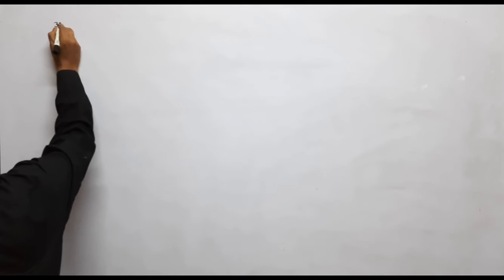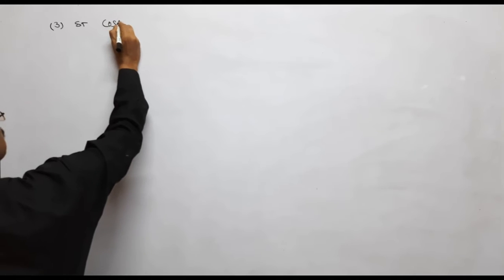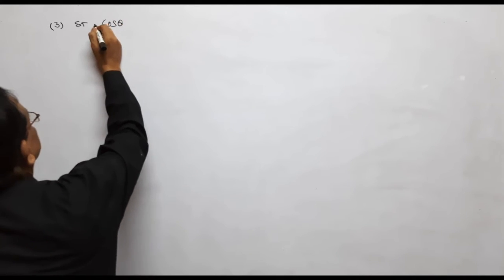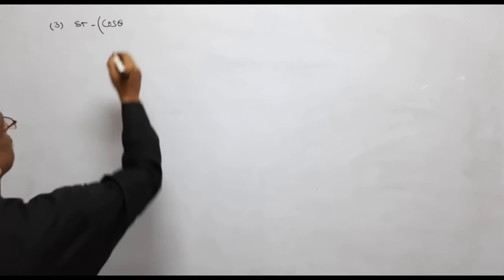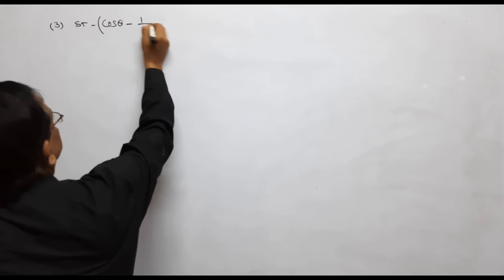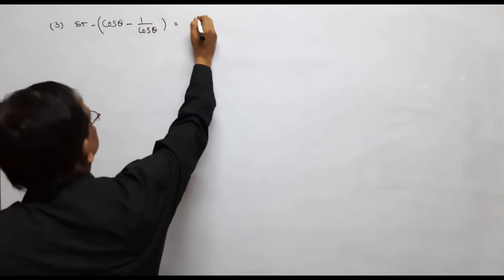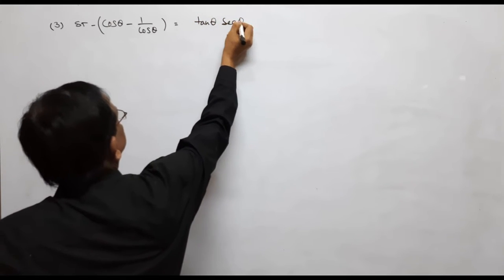Now let us proceed for the next problem. Show that cos theta minus of cos theta minus 1 by cos theta is equal to tan theta into secant theta.